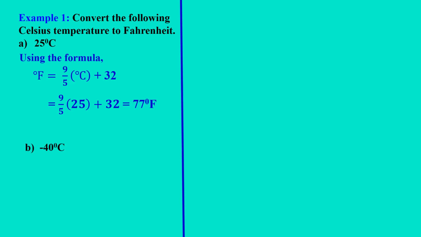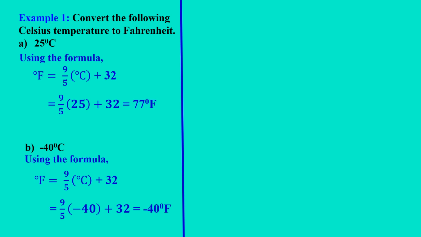Letter B, minus 40 degrees Celsius. Again, using the formula, and substituting the values and simplifying, we have negative 40 degrees Celsius equals negative 40 degrees Fahrenheit.